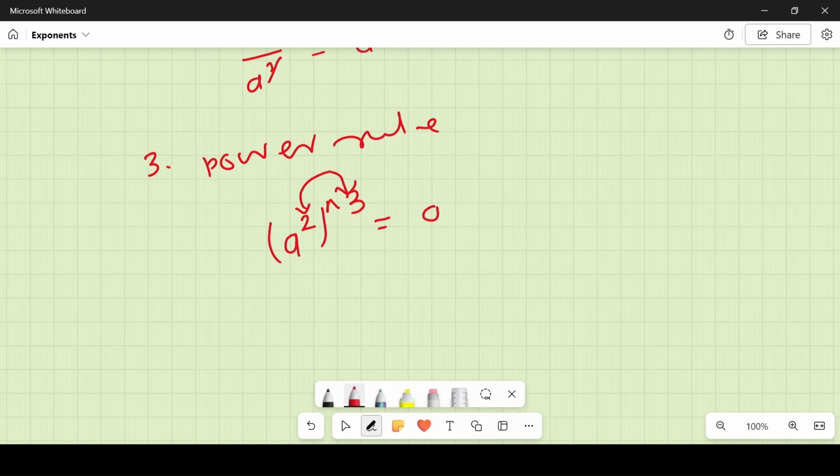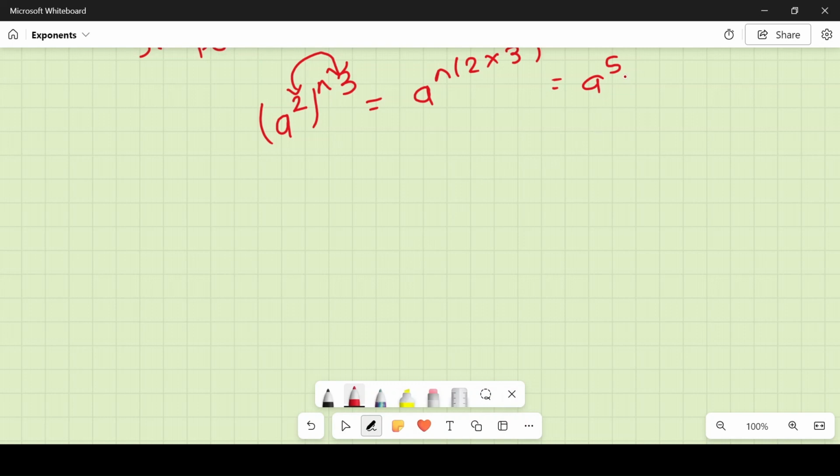So it will be A raised to the power of 2 multiplied by 3. Well, it would be 6. 3 multiplied by 2 is 6. My bad.